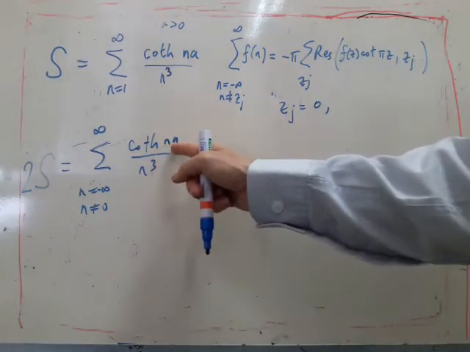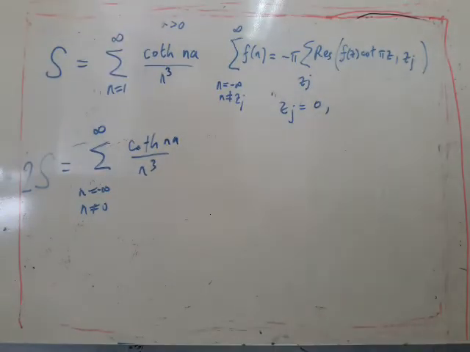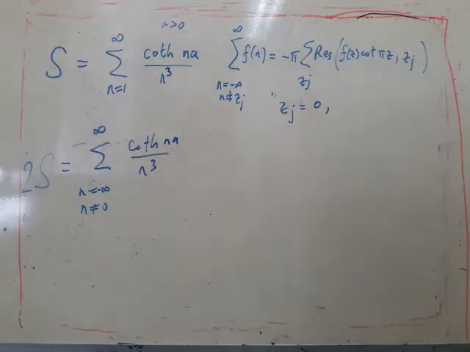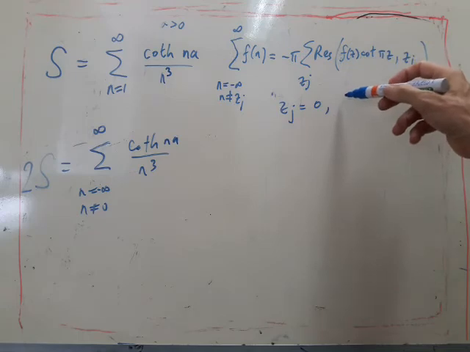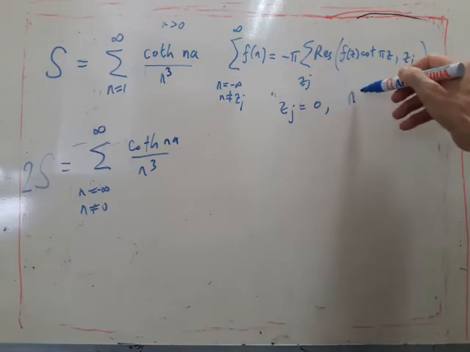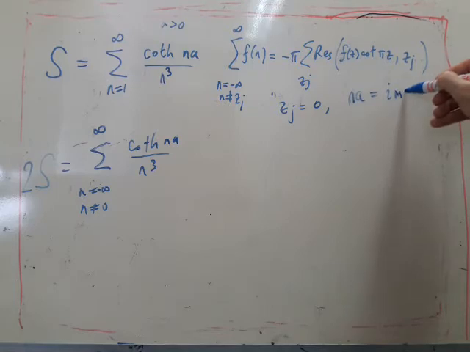But also, where does this have poles? Well, coth has poles. Coth, remember, is 1 over tanh. And tanh has zeros at the same place as tan has zeros, except multiplied by i pi. So basically, tanh has zeros at na equals i m pi.